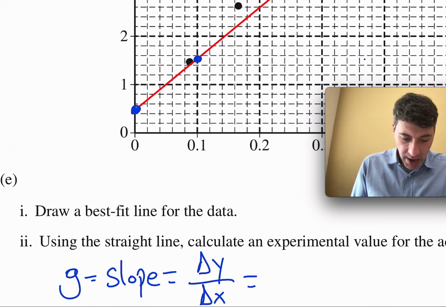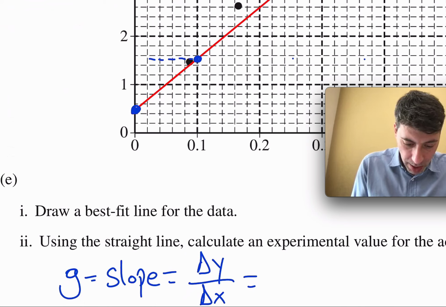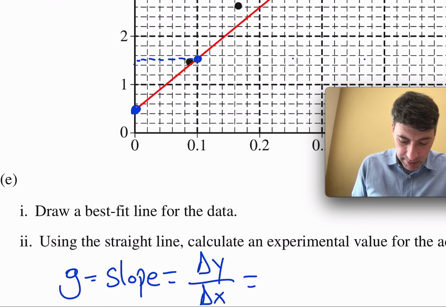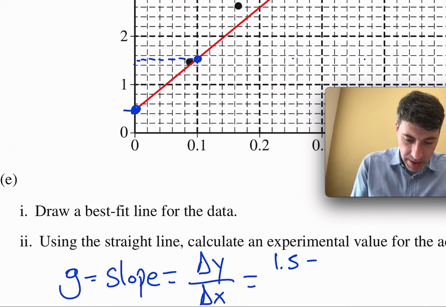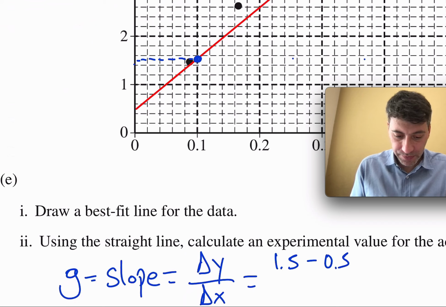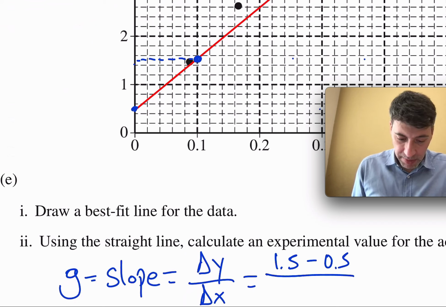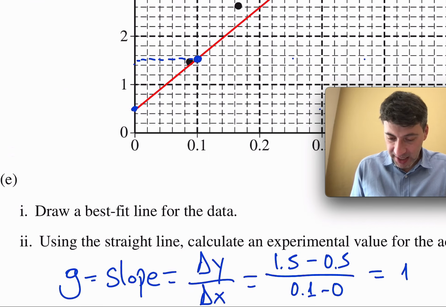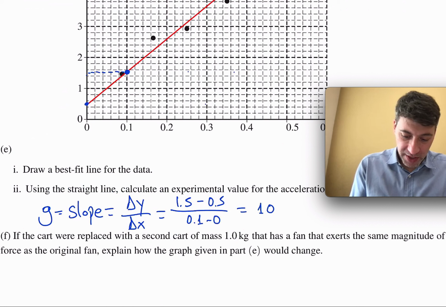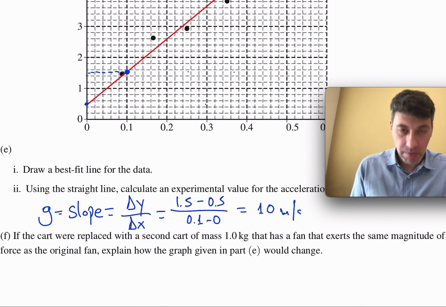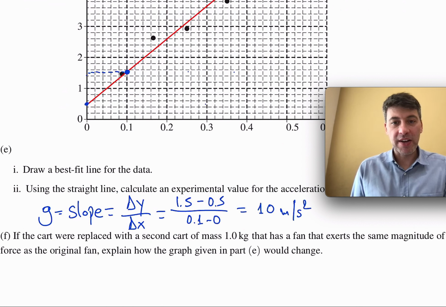So the delta y is from approximately, this is exactly in the middle, 1.5 minus, now I need to see, I think it is again 0.5, divided by the delta x, which is 0.1 minus 0, and from this we get exactly 10 meters per second squared, which is quite convenient for our purpose, very, very close to the real value of g, and we can move on.